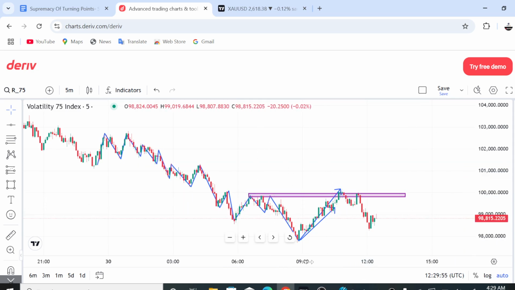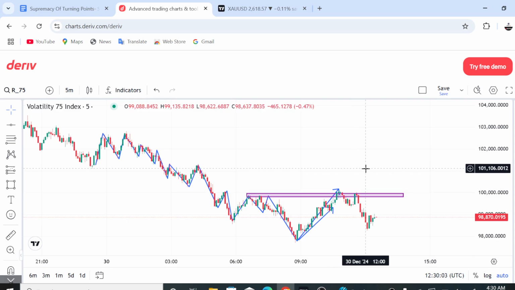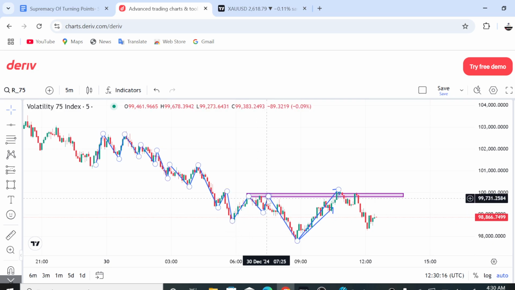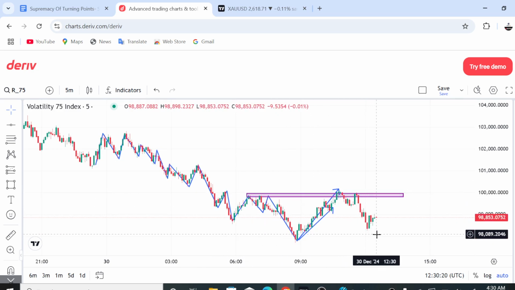For this market to react to a swing high by creating an equal high is a sign that the downtrend is weakening. I don't care about other patterns in this market, but the truth is, for it to come and create equal highs here is a sign that this market is changing trend.